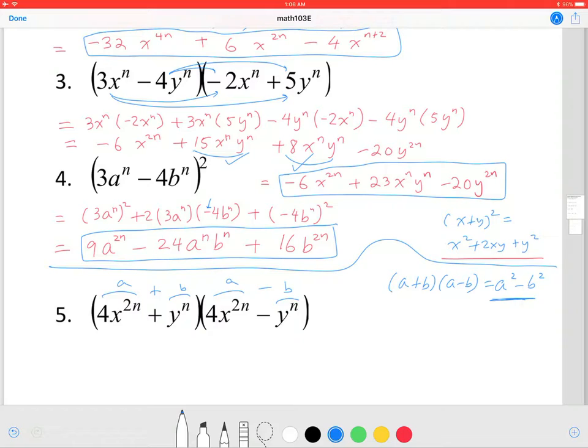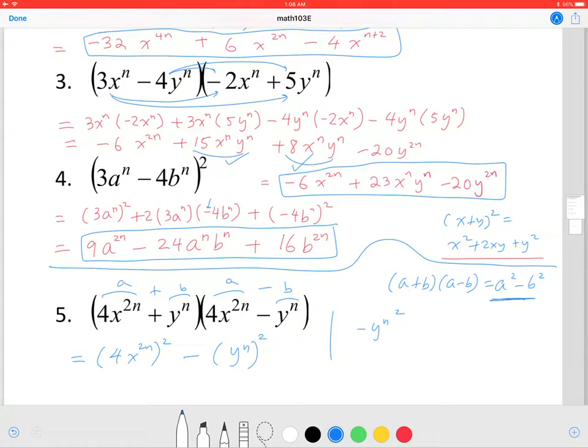So this actually turns out to be pretty short. So 4x to n squared subtract y to the n squared. And I know some of you are maybe asking, do I need that second parenthesis around y to the n? No, you don't. But if you don't do that and put negative y to the n squared, that looks really strange.